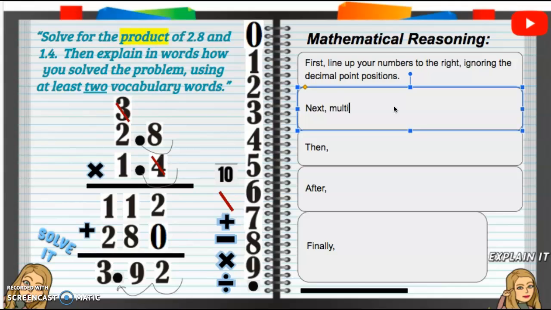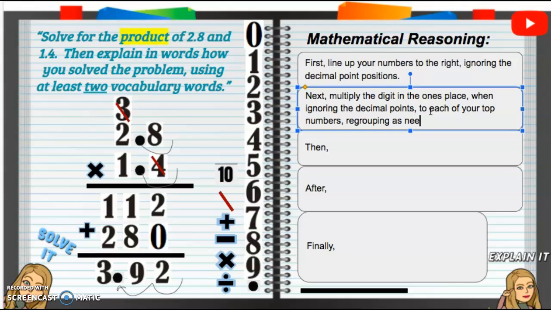So next, multiply the digits in the ones place. We're going to multiply that digits in the ones place, of course, as we're ignoring our decimals. So the digit in the ones place when ignoring the decimal points to each of your top numbers, so the numbers on top, regrouping as needed. So we did have to regroup up there.